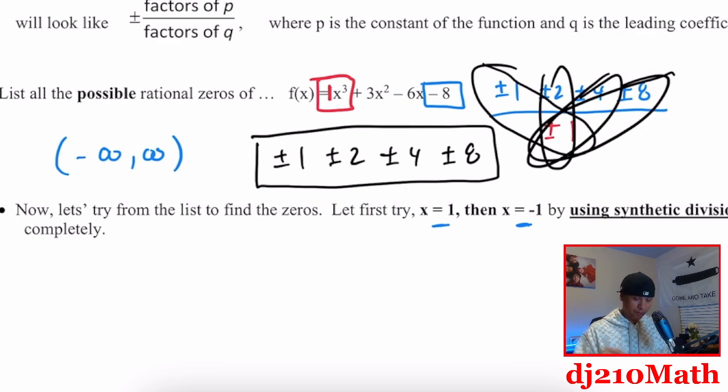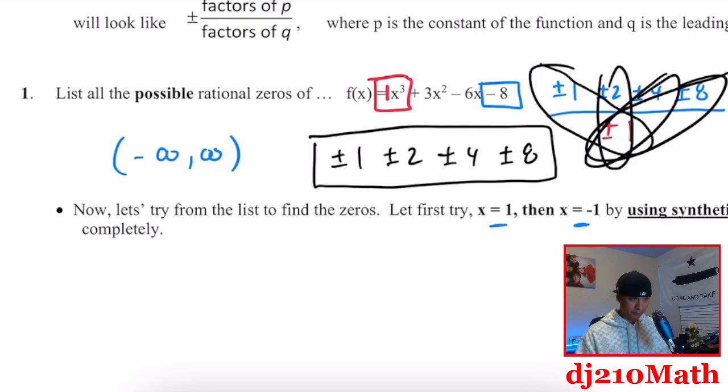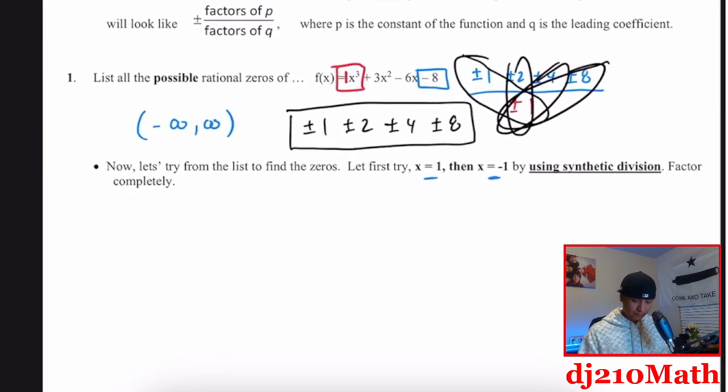So I went from -infinity to infinity, an infinite amount of numbers that I could try. But using this technique, the possible zeros are dwindled down to just 8 numbers, the positive and negatives of 1, 2, 4, and 8. So one of these is guaranteed to be a 0. It's guaranteed. So let's just get down to business.